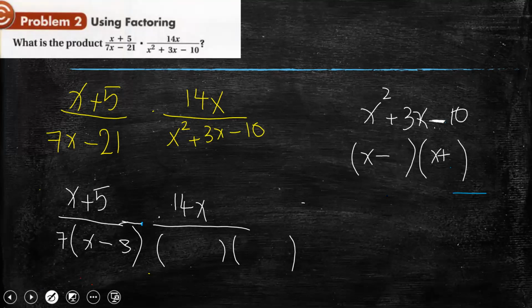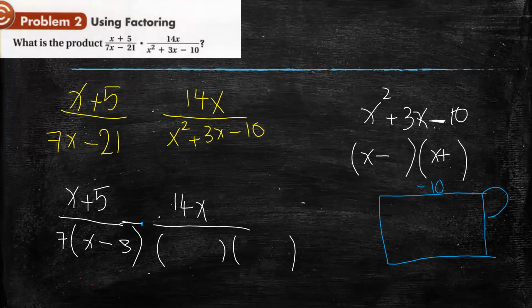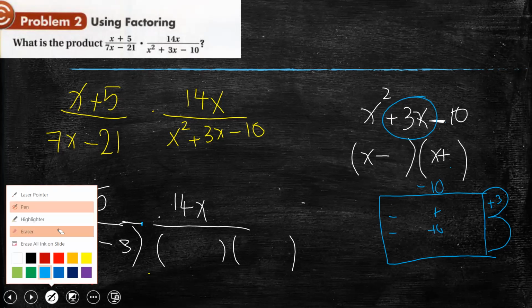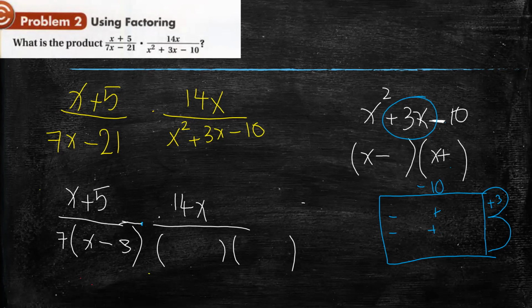Then I will make a table like this now. I want to write the factors of 10 such that when you add them, you get a positive 3. What are the factors of negative 10, but one is minus and one is plus? 2 and 5.